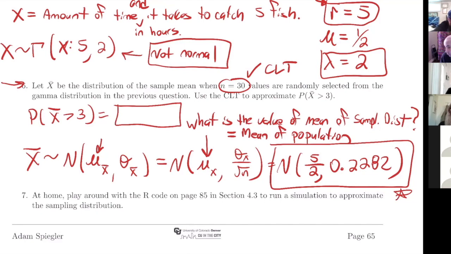Okay, great. These were coming in fast. Very good. Yeah, and they all look good. I'll just say you want to be careful that the p-norm function gives you the area below 3. And so if you want to get the area above 3, you would just use that p-norm function and then just subtract it from 1.